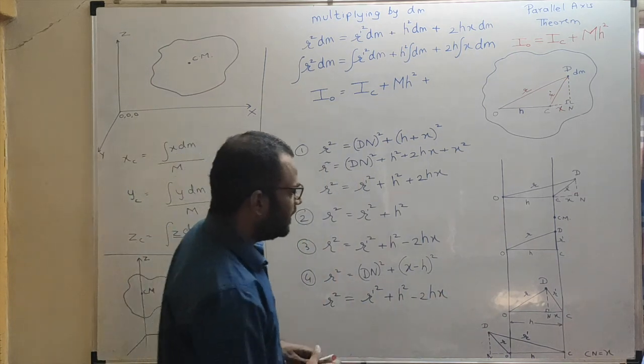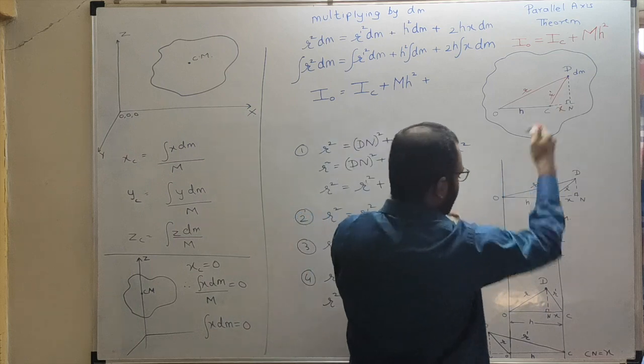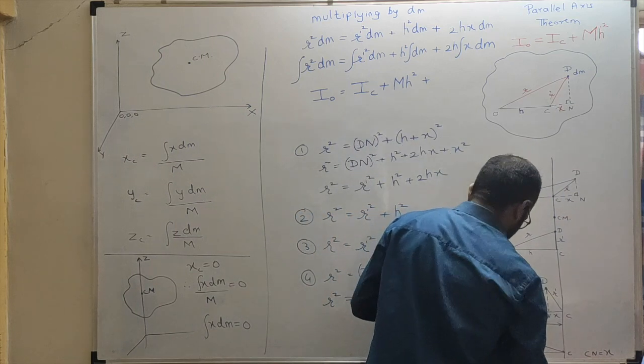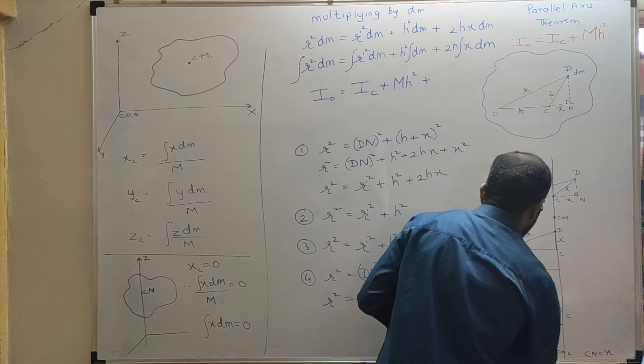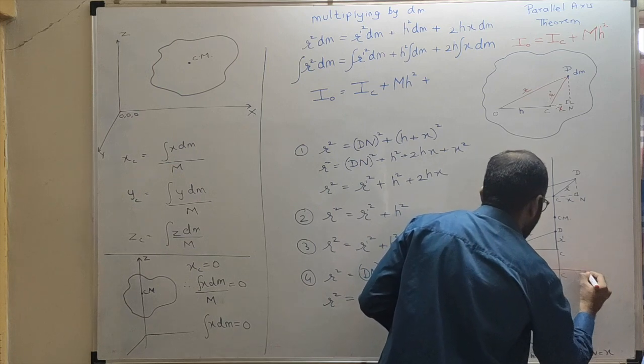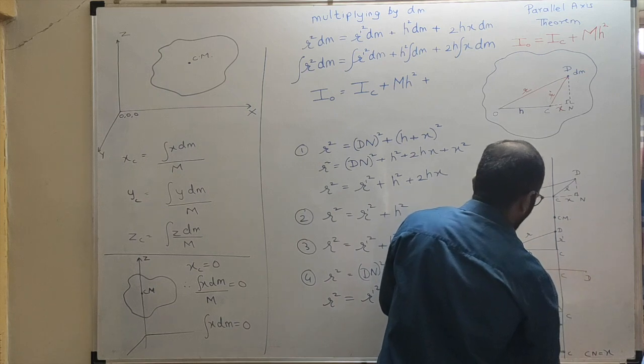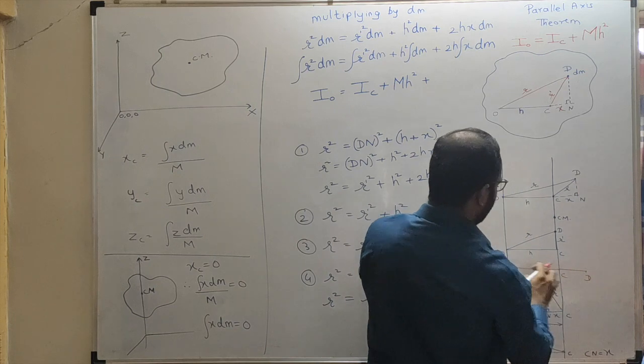Fine. In the same way, suppose D is exactly over here, so this is O, this is C, and this is D, right? So entire OD is nothing but R, no?